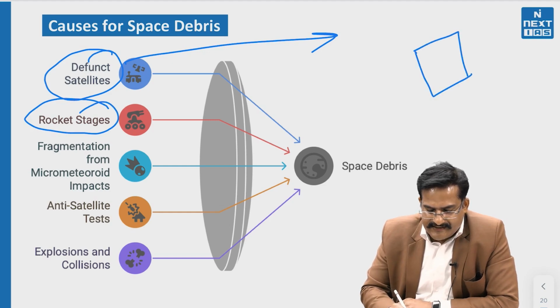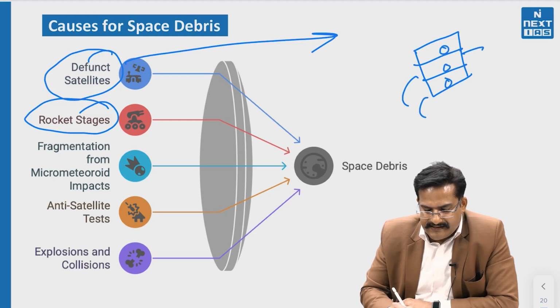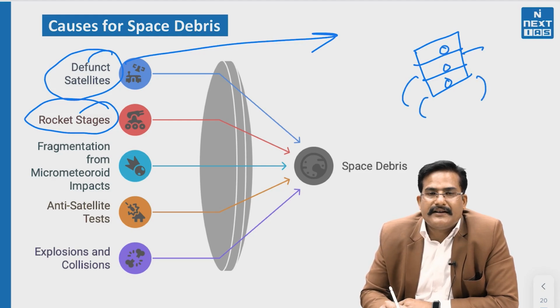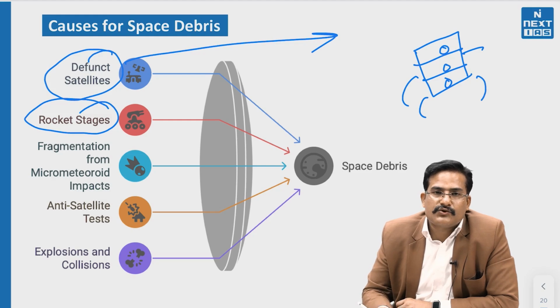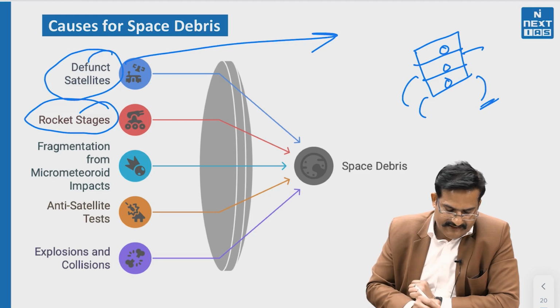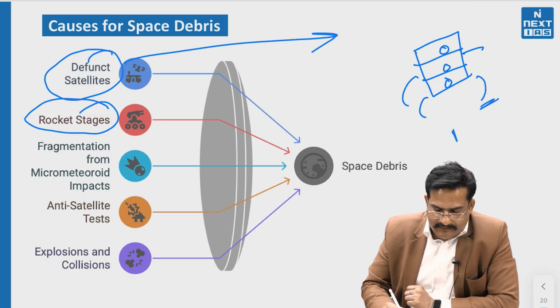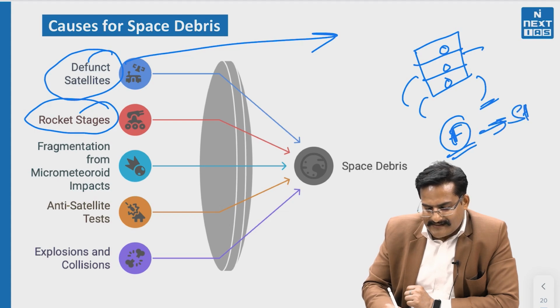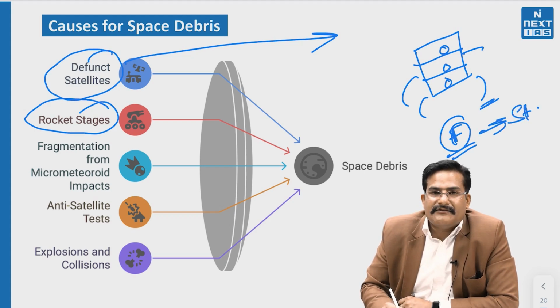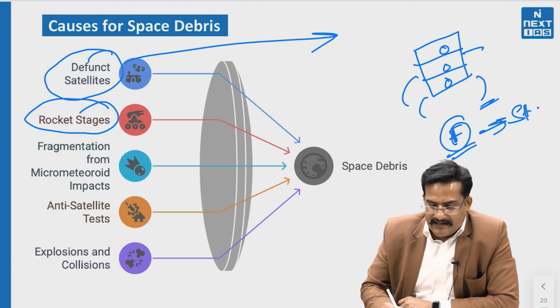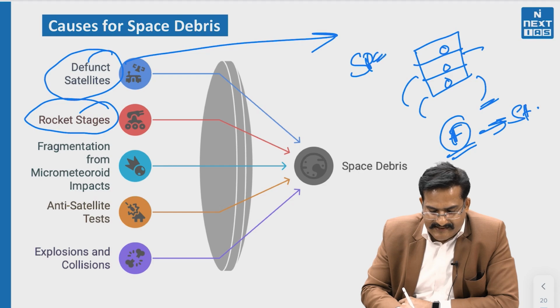There are generally 3 stages of a rocket, and every stage is released from the rocket itself, and if it lies in the upper atmosphere, it may result in space debris. Also, fragmentation of various satellites can cause space debris. We have the example of the anti-satellite test done by China, which led to a lot of space debris in space.